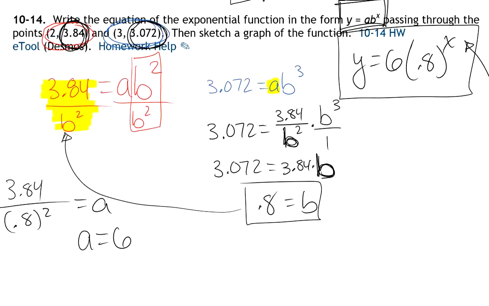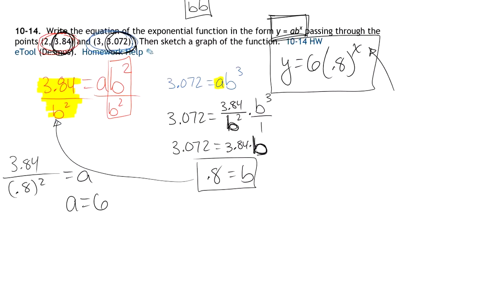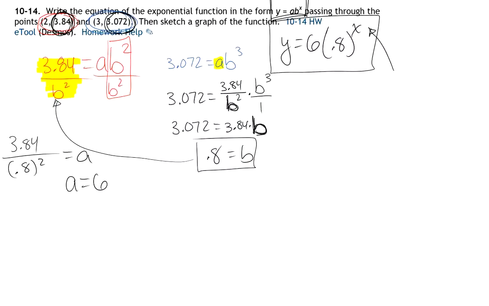An alternate approach, especially when you see your x values are next-door neighbors: this thing that I did always works, but it's not always as convenient, and sometimes you have to take the fifth root or some weird root of b.